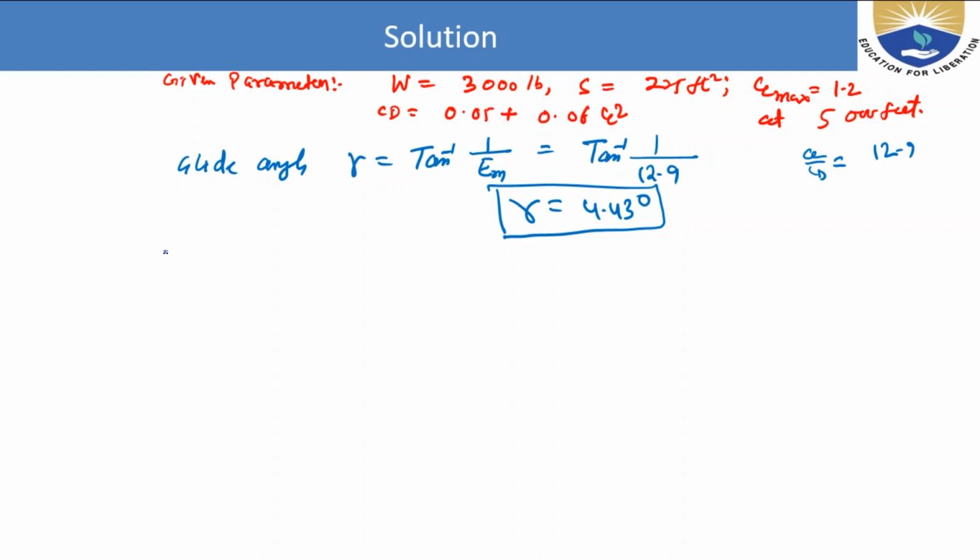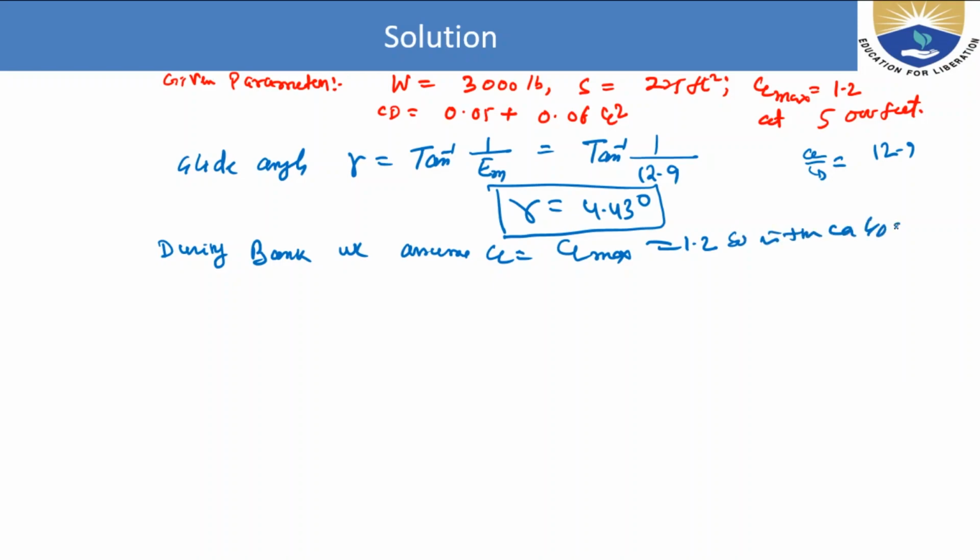So during the bank we assume CL is equal to CL max is equal to 1.2. So in this case L by D is equal to 8.8. So now CD is equal to 0.025 plus 0.06 into 1.2 square.